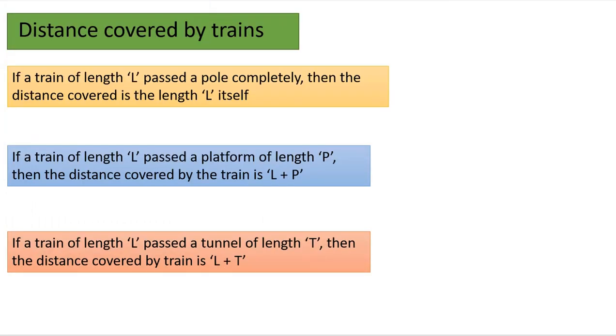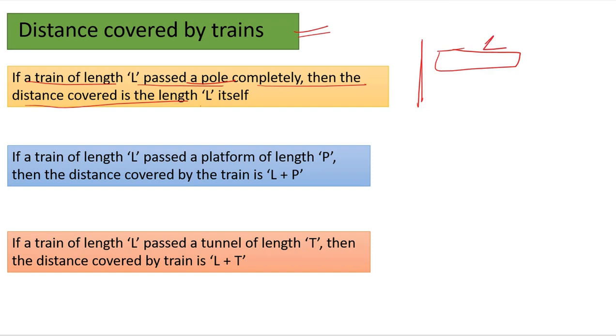In the next slide, we have train questions. If a train of length L passes a pole completely, then the distance covered is the length itself. We simply neglect the length of the pole because its width is very small compared to the train, so we only take the length of the train.